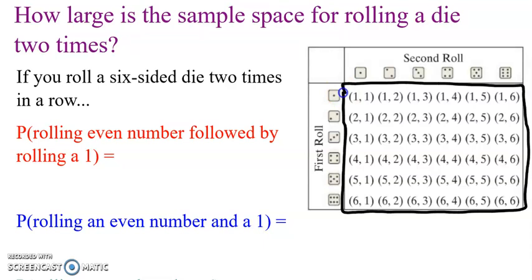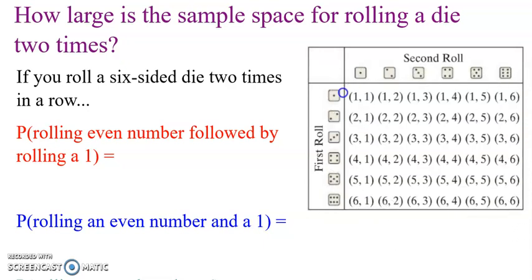So our first example, probability of rolling an even number followed by rolling a 1. Now looking at this, we see that it's very specific that it has to be an even number in our first roll and then a 1 in our second roll. So be careful when you're looking at the event that's being described, how specific you need to be in determining how many outcomes you could have there.